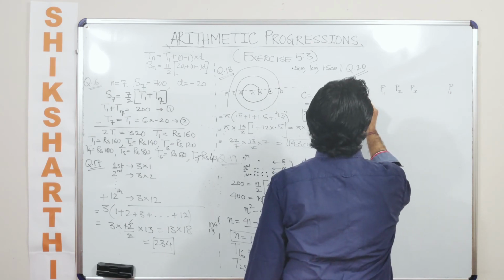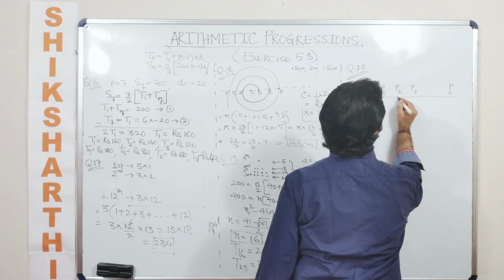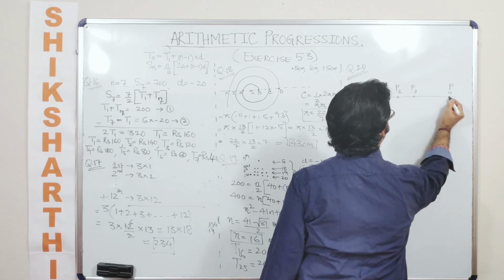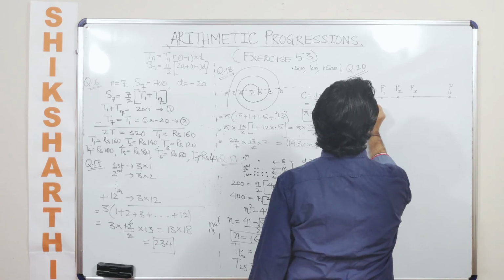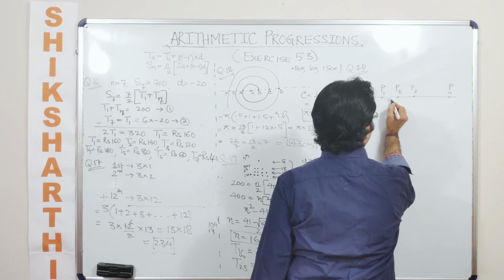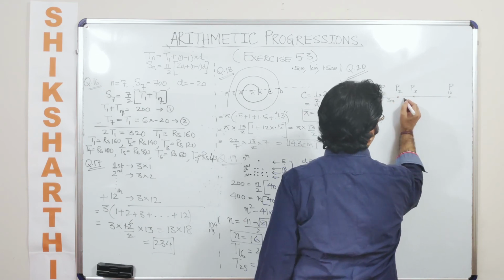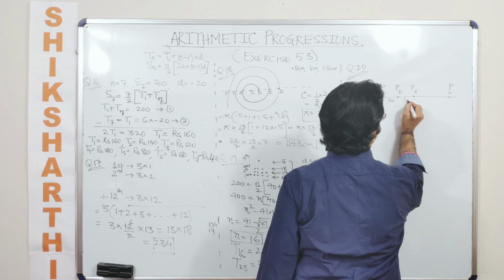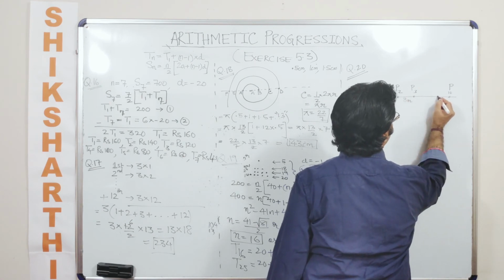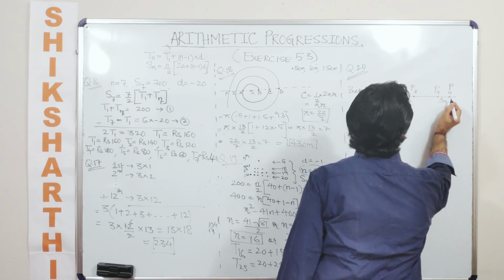And let us say now, if I have to talk about the distance, from here to here the distance is 5 meters. From P1 to P2, or the distance between any successive P's, any two successive P's will be 3 meters. That means the distance between P9 and P10 will also be 3 meters.